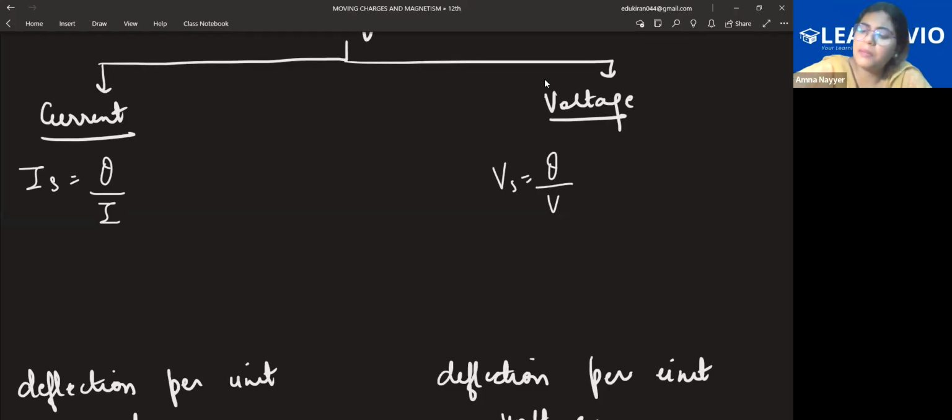If I'm getting a huge deflection for a particular value of current, my judgment will be that this entire circuit which I have plotted has a large amount of current. So it means there's a problem in my calculation or there's a problem in the galvanometer. If there's a problem in my calculation, that's a calculation error that we get in the circuits while we are working.